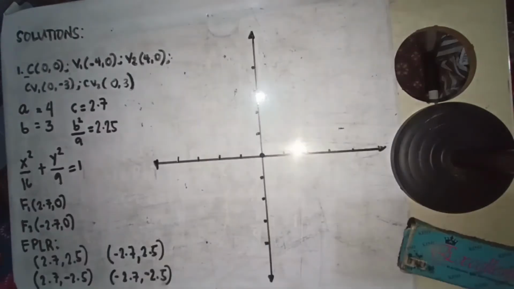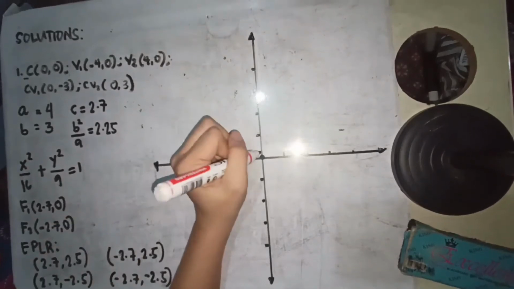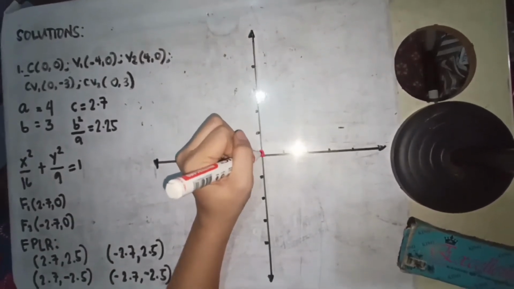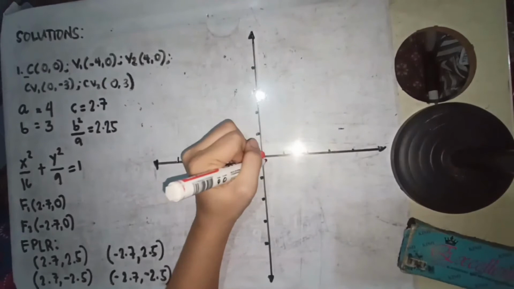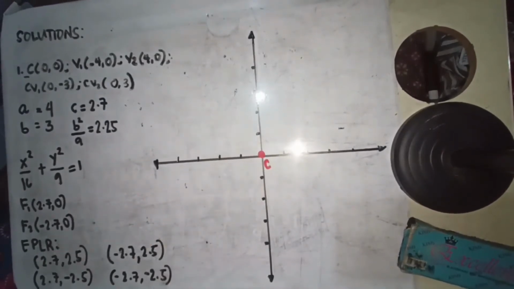If we are going to graph our ellipse, of course, we plot the points. First, we have our center at 0, 0, so that means at the origin. This will be our center.